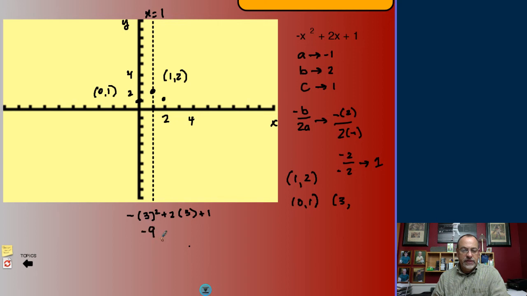So 3 squared is 9, so the opposite of that is negative 9, plus 6 plus 1. So that's negative 9 plus 7, which is negative 2. So when I choose 3, I get negative 2. So over 3, down 2 puts me out about right here. And again, because it's symmetrical, there's another point over here that corresponds to that.